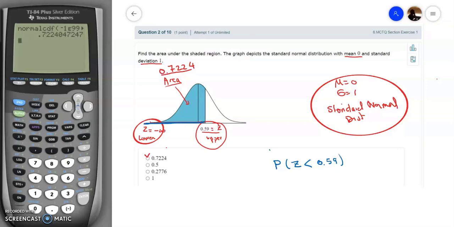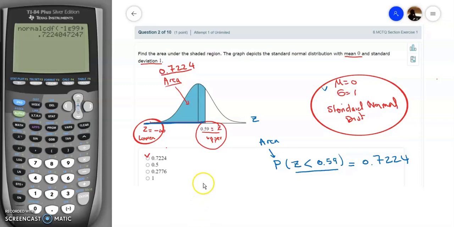And if I say the probability, it means the area. This is the description of the axis, which is the z-axis whenever you are in the standard normal distribution, and the P means the area, and that's going to give you 0.7224.